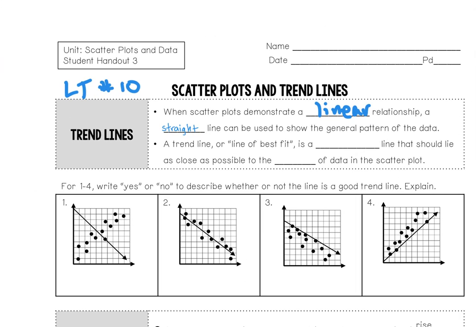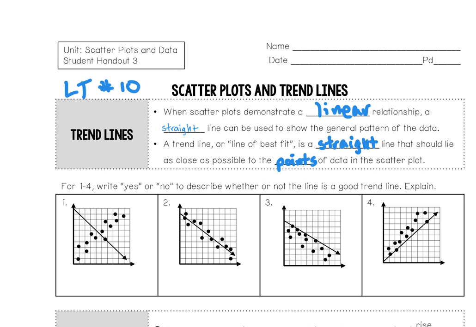So it's not going to be exact because it's a scatter plot, but it's a general pattern. A trend line or line of best fit is a straight line that should lie as close as possible to the points of data on the scatter plot.